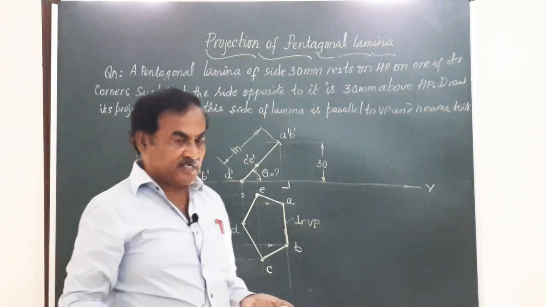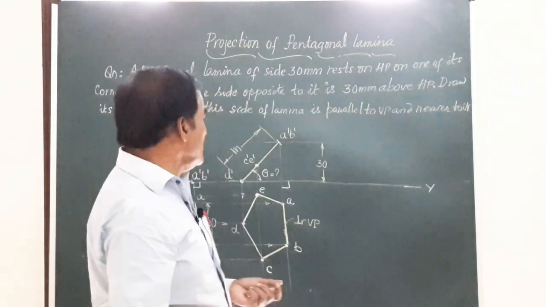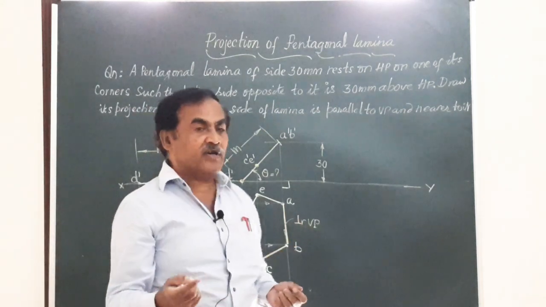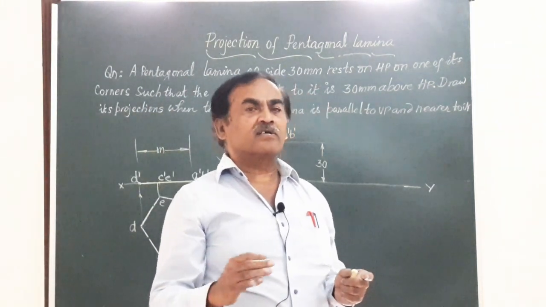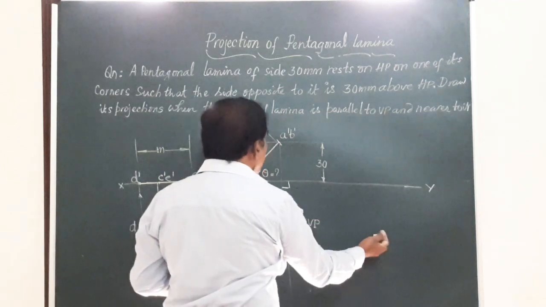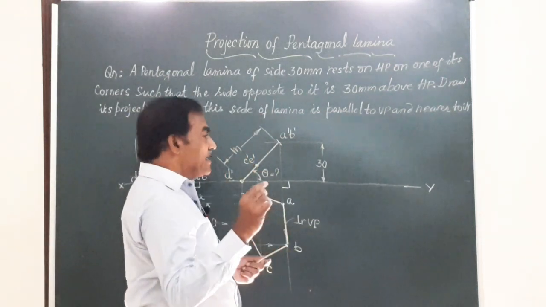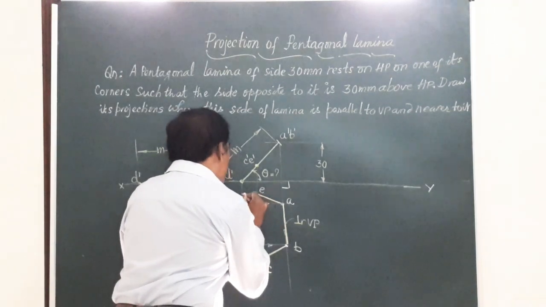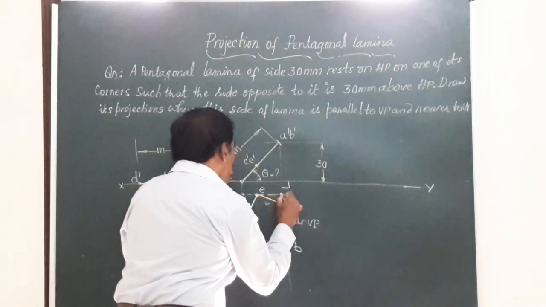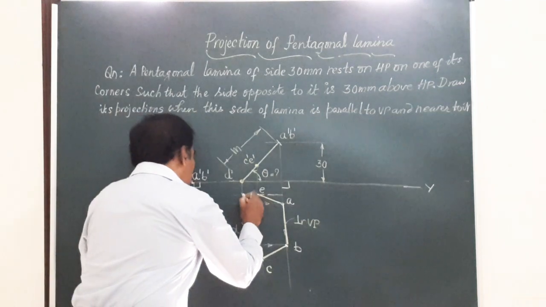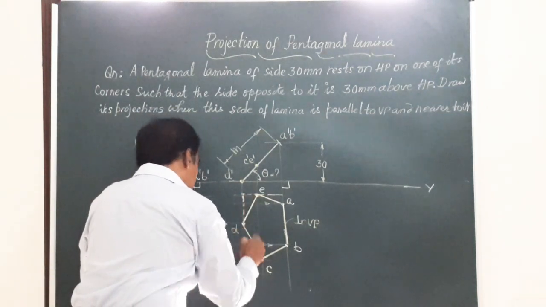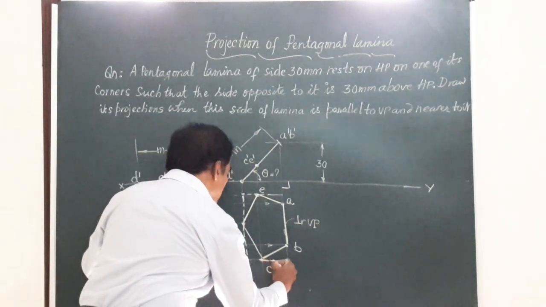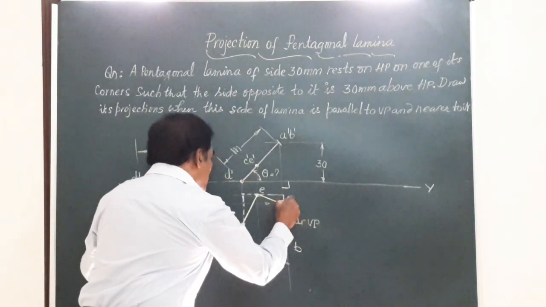So before that friends, I told you in the previous session, whenever this figure is having, excepting the square and rectangle, all other figures before transferring to the next stage are to be enclosed in a box, a rectangle. So I am going to enclose this figure in a box PQRS as we have done before. So the pentagon in the top view is enclosed in a box PQRS.